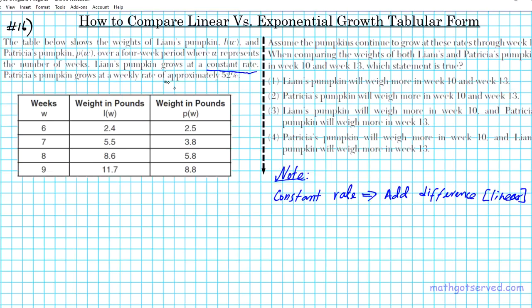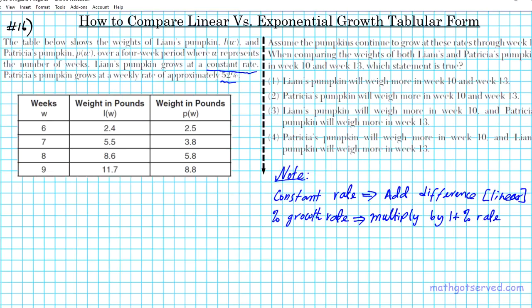Now, in the case of Patricia's pumpkin, we have a growth rate of approximately 52%. Now, when you have a percentage growth rate, in this case, what you do, instead of add, you multiply. Okay, so you multiply by what? You multiply by 1 plus the percentage growth rate.